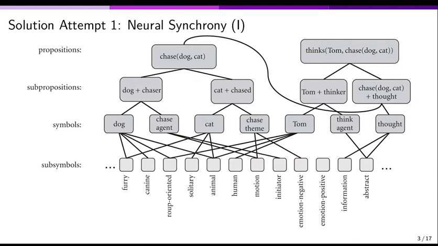One approach to making them fire in this regular pattern is to say, oh, maybe I just have another group of neurons, and once these ones start firing, they'll oscillate back and forth. So if the dog and the chasing neurons are firing, then that causes this one here, a group of neurons that represents dogs doing chasing. And then this can go back and forth. These ones can stimulate these, and these can stimulate these, and that maybe can maintain some synchrony over time.